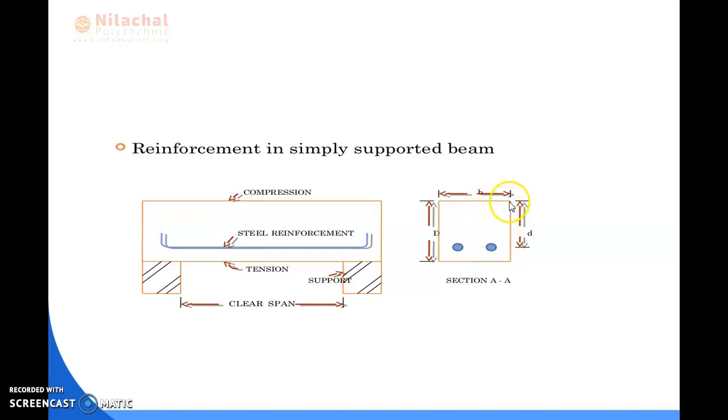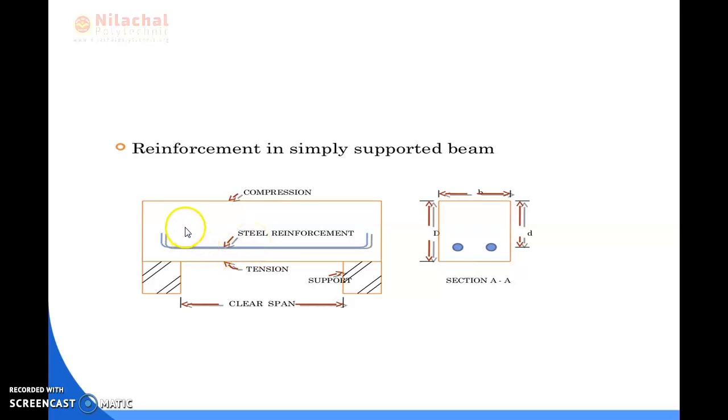From the top of the section to the center of the reinforcement is known as the effective depth, denoted as small d, and capital D is the overall depth of the section from top to bottom.